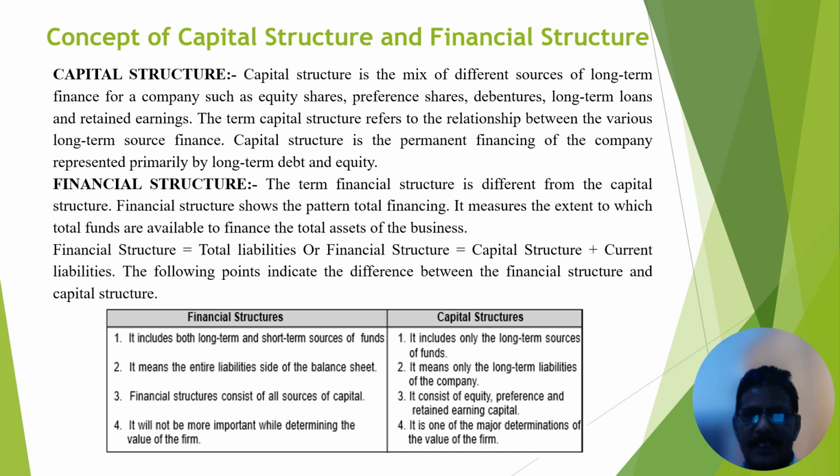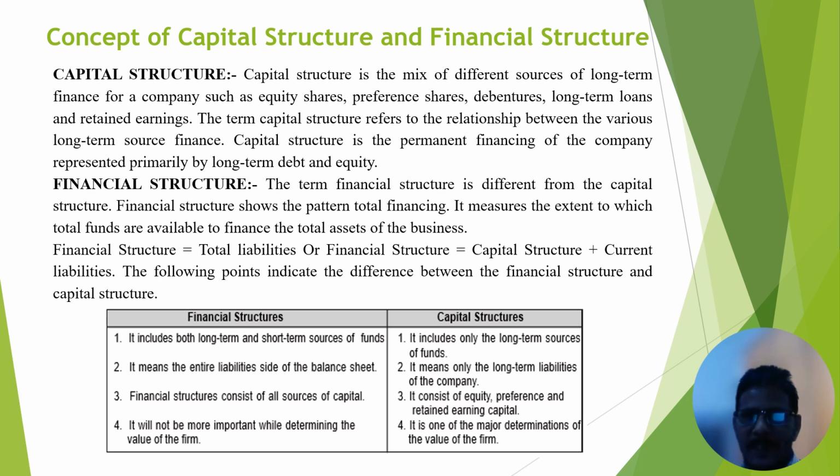Now the financial structure. The term financial structure is different from the capital structure. Listen carefully. The financial structure shows the pattern of total financing. Here we consider long term as well as short term.